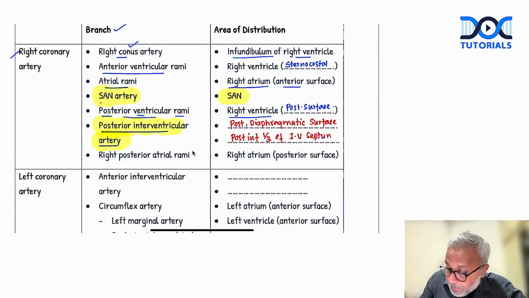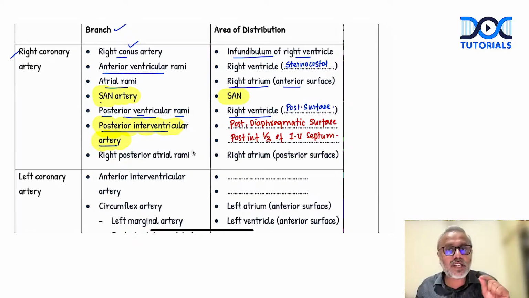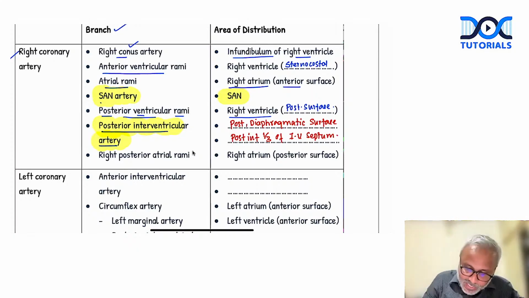So remember, the major artery that supplies the interventricular septum is the anterior interventricular artery, which is a branch of left coronary artery. But the posterior inferior 1/3 of interventricular septum is supplied by posterior interventricular artery. So as I said, these two we must never forget.